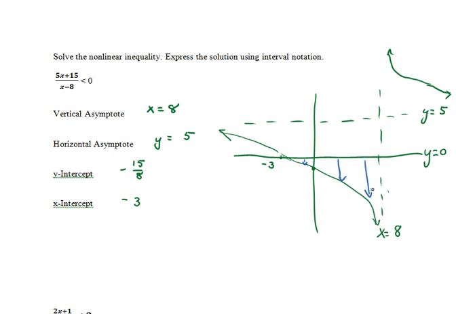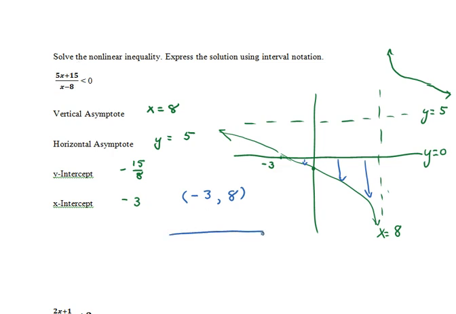As a matter of fact, it will include the numbers between negative 3 and 8, not including either of the endpoints, because the function is 0 at negative 3 and undefined at x equals 8.